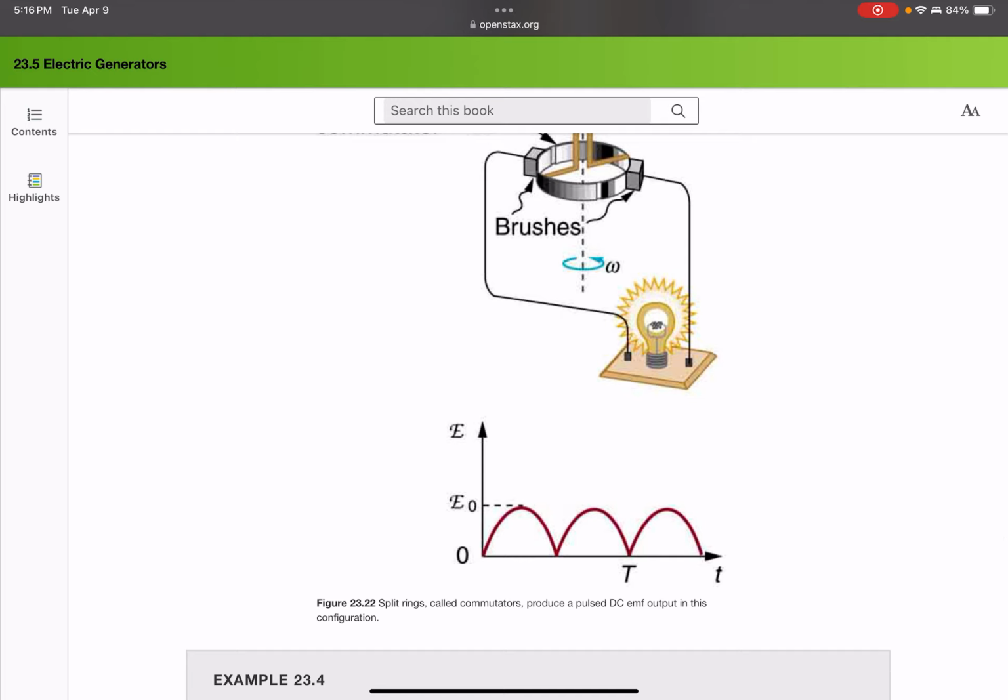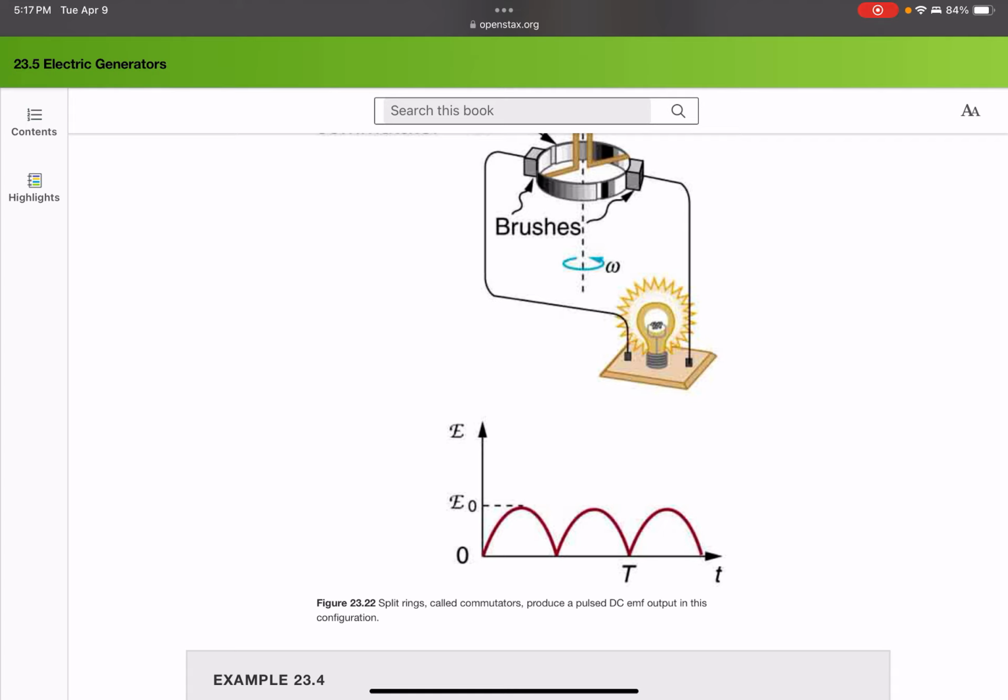So what does that do? Every single time we drop down to 0, well, it stays down at 0 actually for a little bit. It's not perfect, but it stays down at 0 for a second, and then it pops back up because everything has shifted to the other direction.